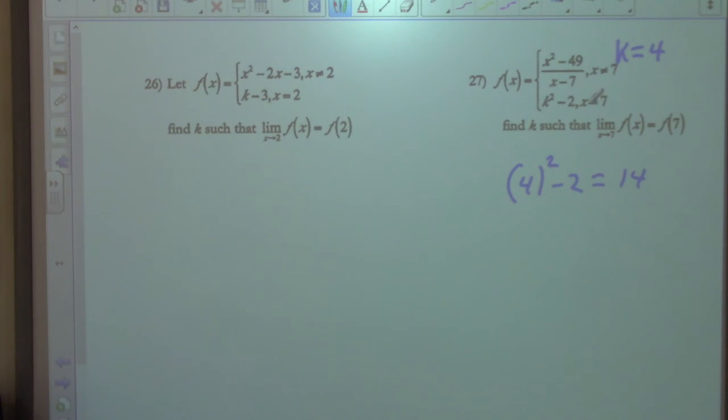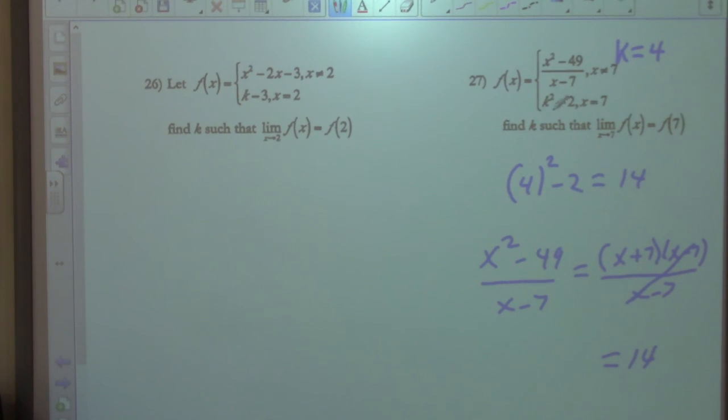And then it says that x does not equal 7. Well, here we have x squared minus 49 over x minus 7, and that factors into x plus 7 times x minus 7, over x minus 7. So the x minus 7s cancel out. And so if we plug in 7, we get 7 plus 7 equals 14. So to me, that's going to be your limit, right?